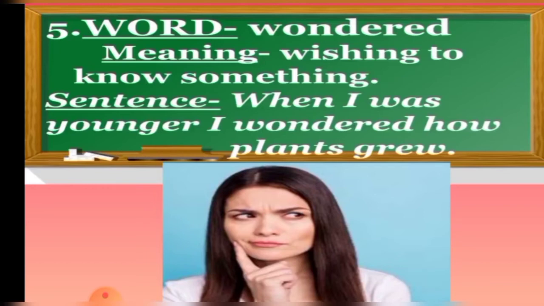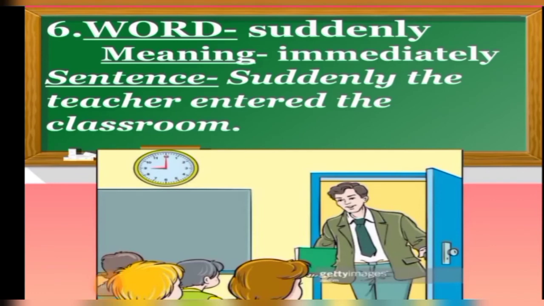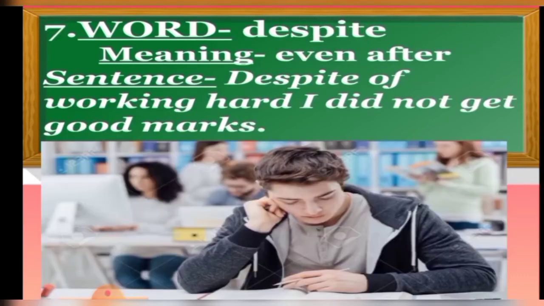When I was younger, I wondered how plants grew. Next word is suddenly. That means immediately. Suddenly the teacher entered the classroom. Next word is despite. It means even after. Despite working hard, I did not get good marks.